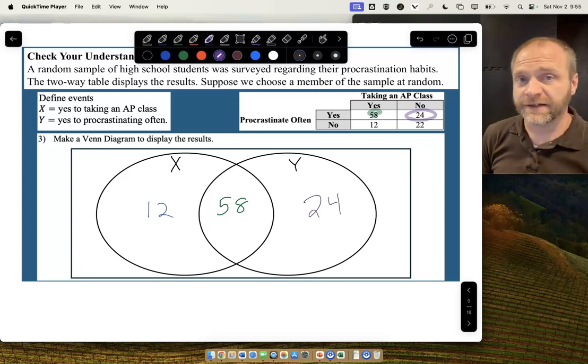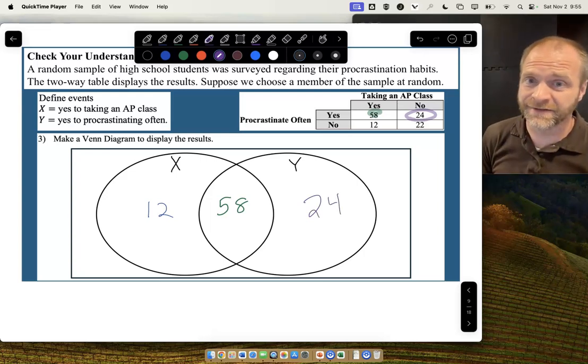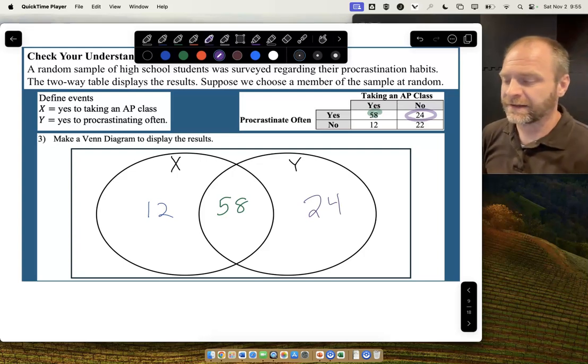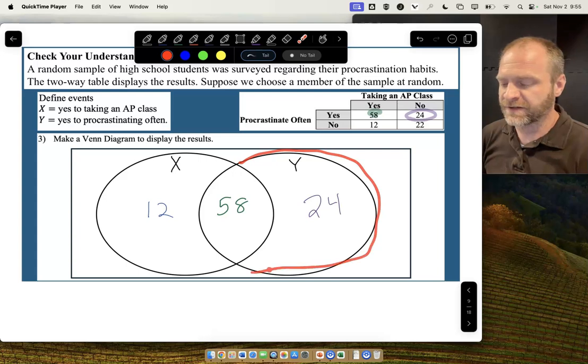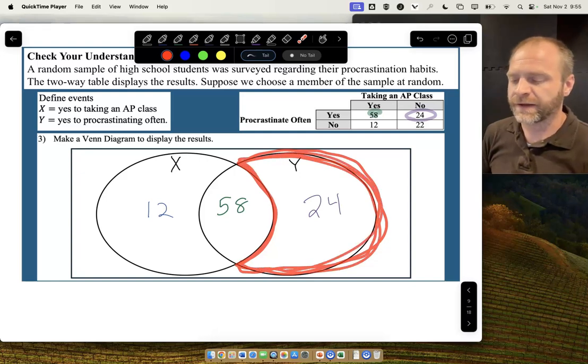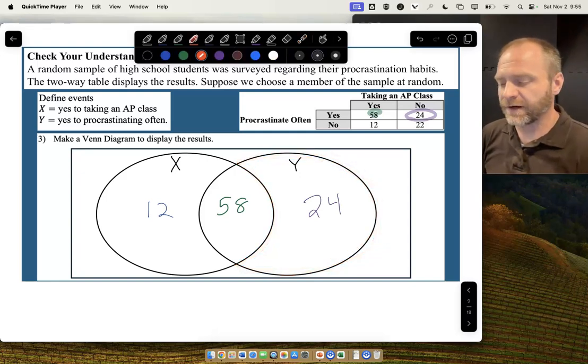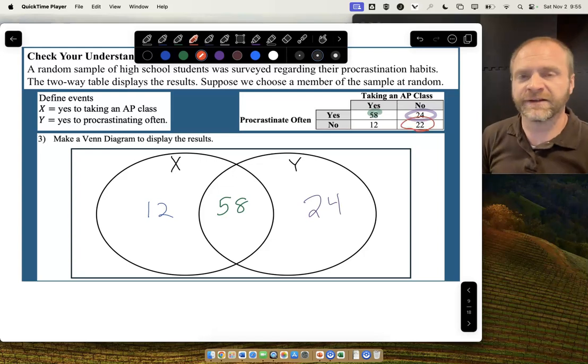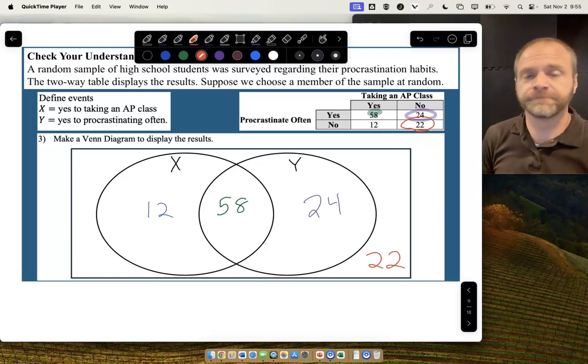They procrastinate, but they're not in AP classes, so they're not actually in circle X. So you can see they're in circle Y, but they're not in circle X. So what's left? Well, what's left are those who are not in AP classes and they do not procrastinate. So that's the 22 out here.